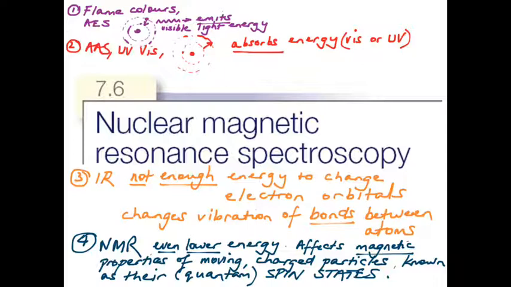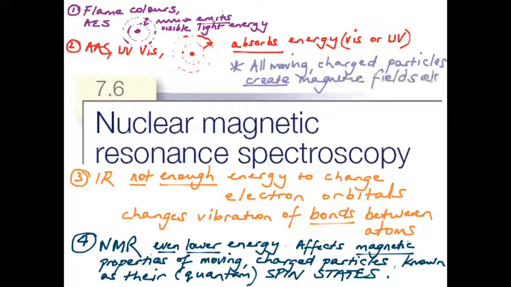But first, just let me say that every moving charged particle, that is electrons, protons or whatever, at a subatomic level, in the process of their moving, they create magnetic fields, okay? Now an example, a crude little example there, is just a wire with an electric current moving along that wire.